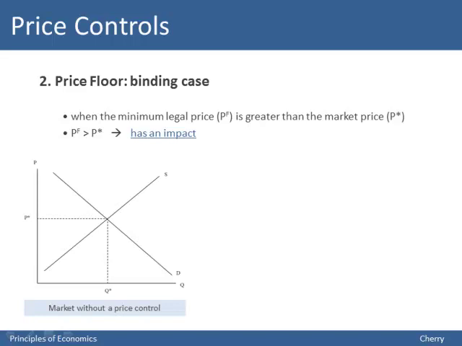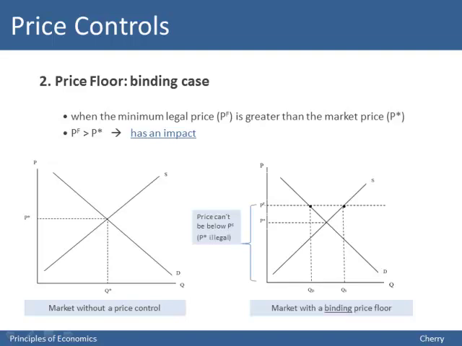Again, as the benchmark, we'll look at the market without a price control, and then we're going to impose a price floor that's above the market price. Everything below that floor is illegal, which includes the market price, P star. So now the equilibrium price is below the floor, it's illegal, so it's going to have to be pushed up. It's going to go up to the floor.